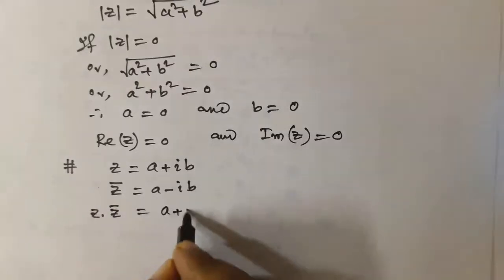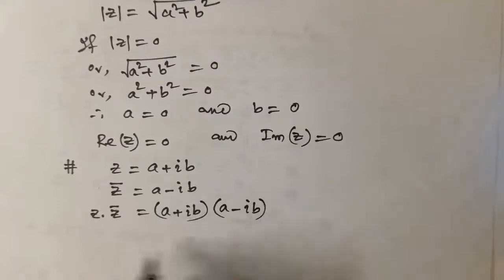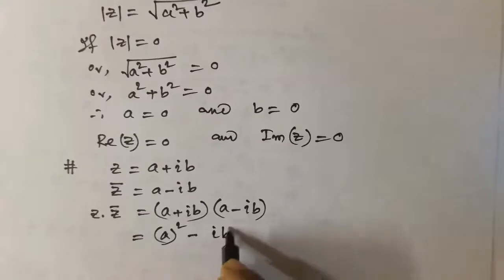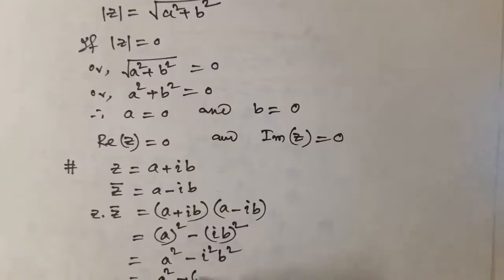That means a plus ib into a minus ib. The result is a square minus ib whole square. So this one is a square minus i square b square. What is i square? i square is equal to minus 1, so this one is a square plus b square.